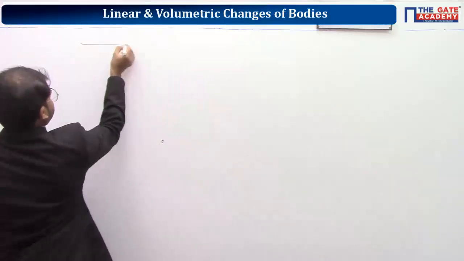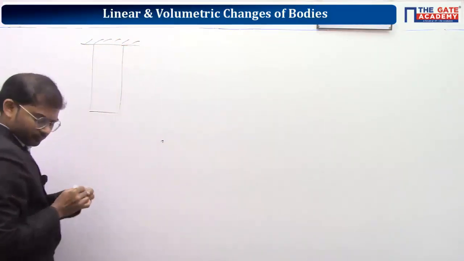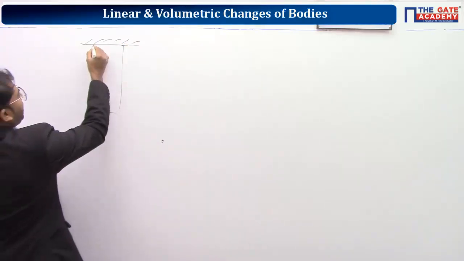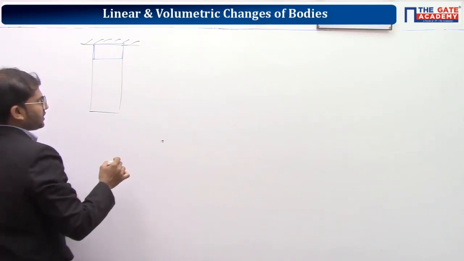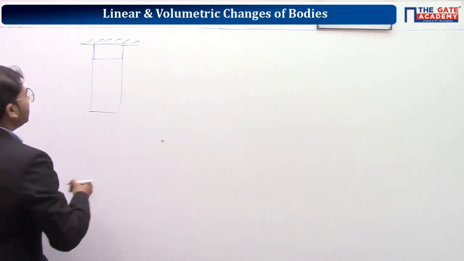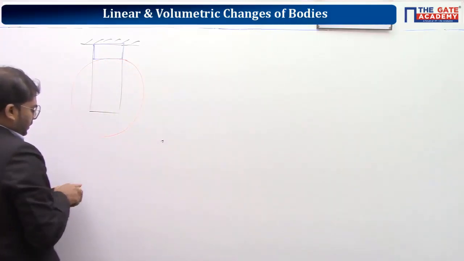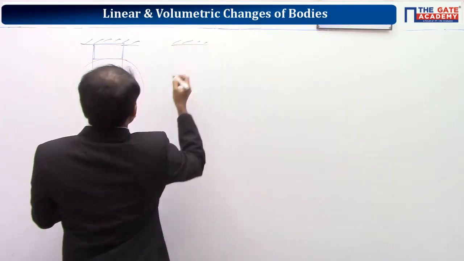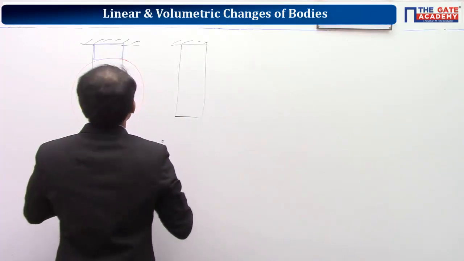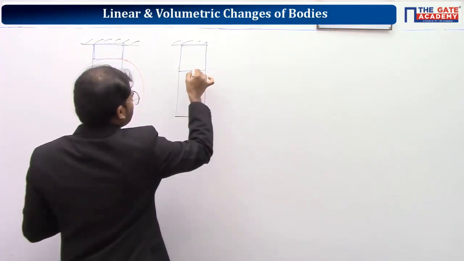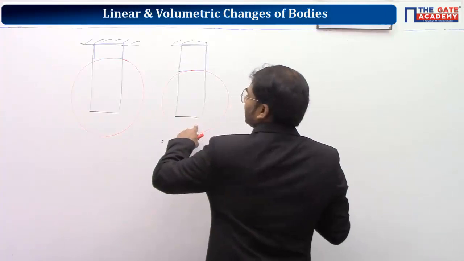Here, if you observe, what is the force which is causing elongation along the length? Look here. If I take this part of the bar, the force causing elongation is the weight of the bottom element, which is in the red circle. If I take some other element which is a little bit longer than the previous one, it is elongating due to the force produced by the weight of the bottom member, which is a little lesser than this one here.